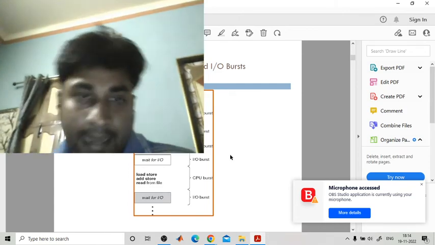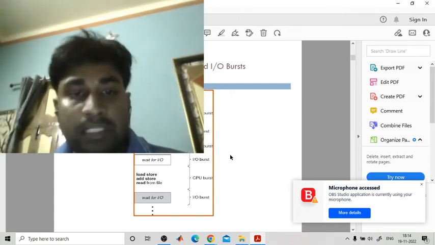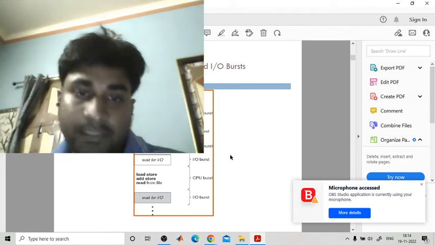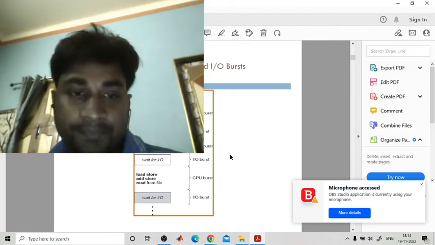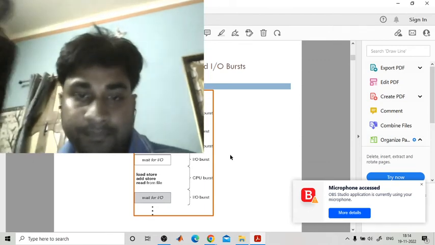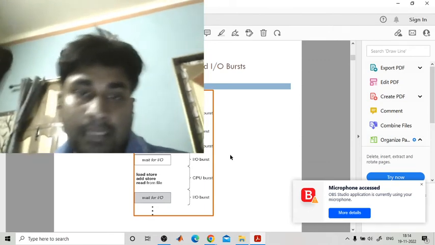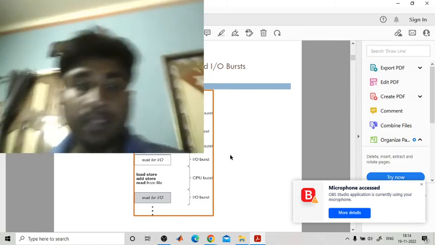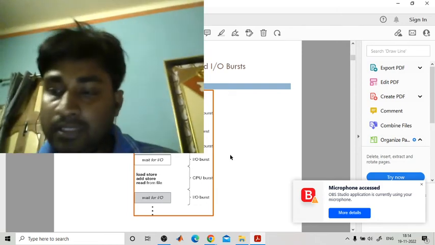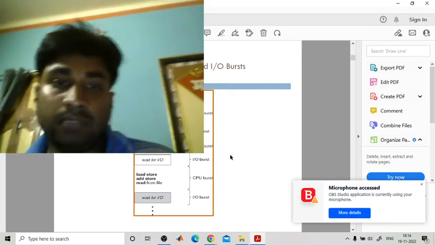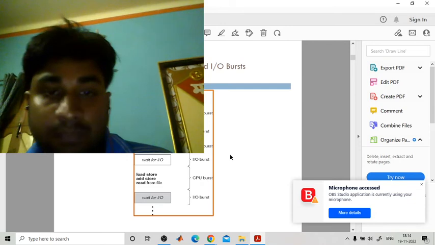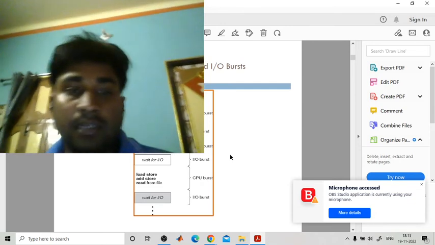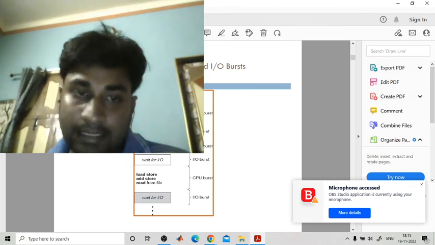And when the process requests some input to be taken or output to be provided, that is the IO burst. So there is a CPU part and an IO part, and these things are done one by one.